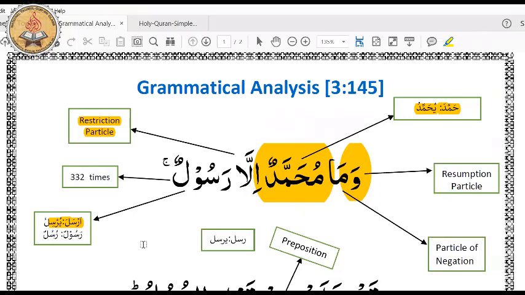He remains a prophet. And remember that in chapter 5, verse 75 as well, there is ma al-Masih ibn Maryama illa Rasul. The same pattern, the same emphasis has been put here.